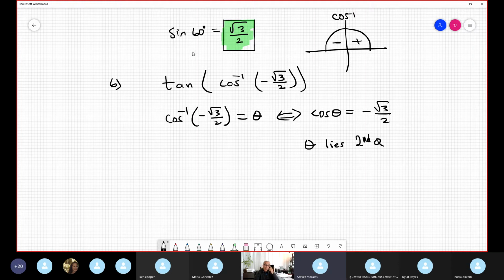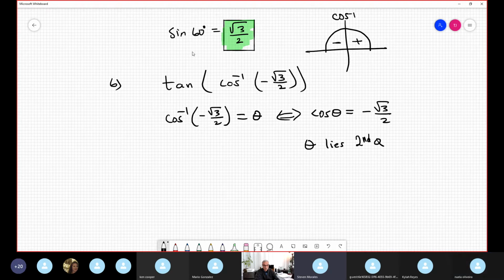And what value is it? 30 degrees, right? What did you say? 30 degrees? Yeah. No. In the second quadrant, correct? Yes or no? Yes, it's in the second one.